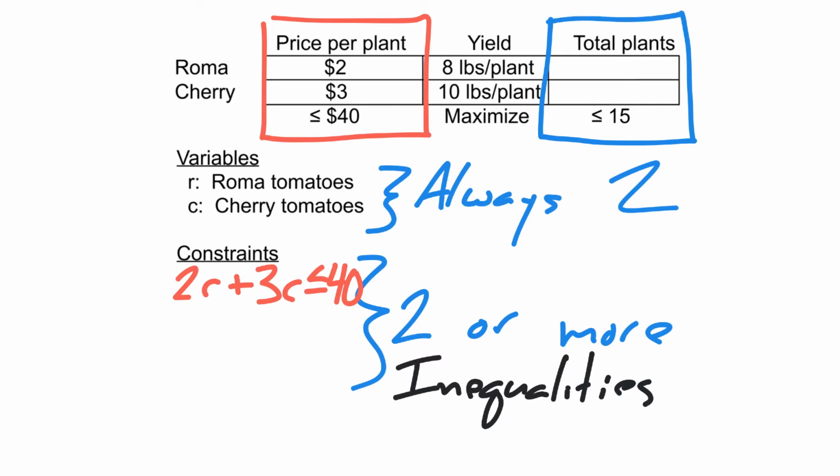Well, remember, if we wanted to, we could include the ones in there on the number of total plants. So that'd be like a 1R, well, 1R is just R, plus like 1C, of course that's just C, has to be less than or equal to 15. And so if I want to know the total plants, I take the number of Roma plus the number of cherry, and I set it less than or equal to 15.